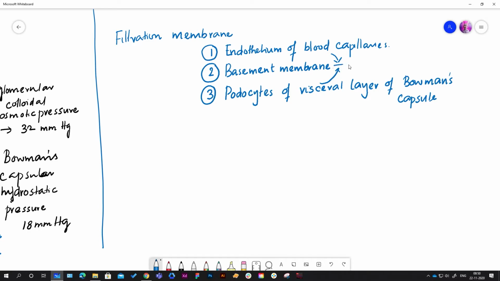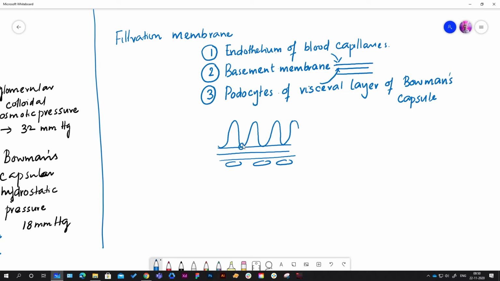These two join together to give rise to the three-layered basement membrane. We will not go in depth into the basement membrane, but what you have to remember is that there are three membranes here. Now when you look here, this is the basement membrane. On it, this is the endothelium that is present, and next are the podocytes, which have this kind of layer.